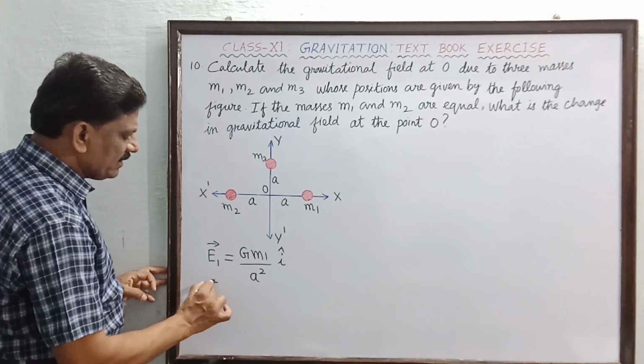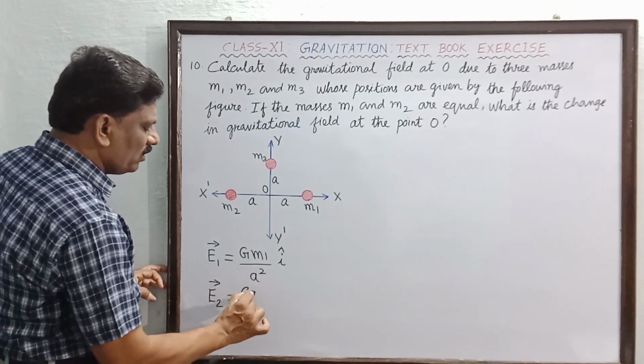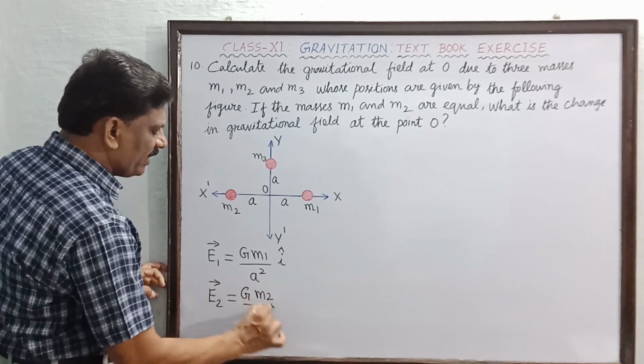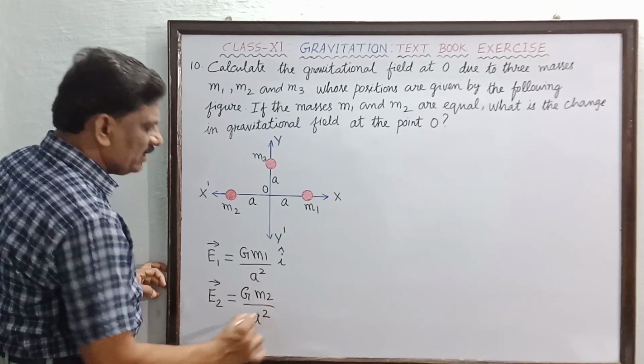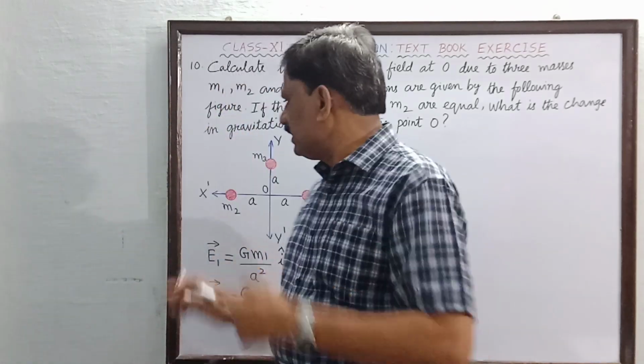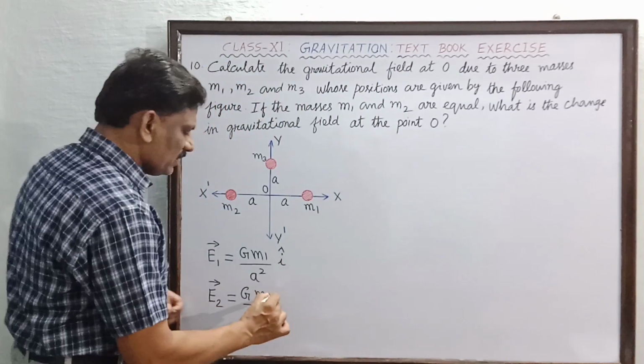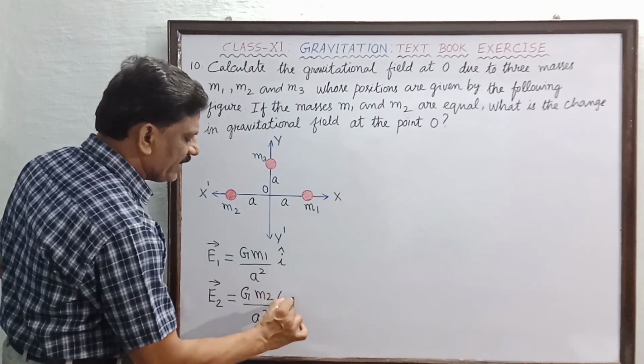So next one is E2. So that is G into mass m2 divided by same distance square. So m2, this is attracted towards the x dash axis or negative x axis. So this is minus i cap.